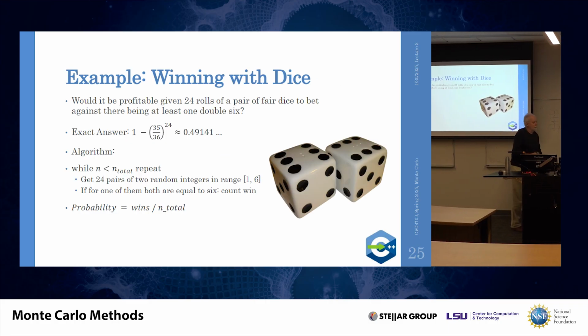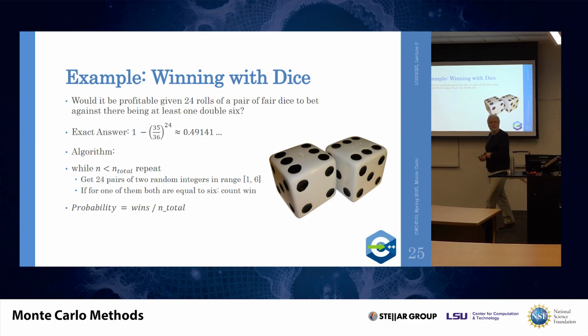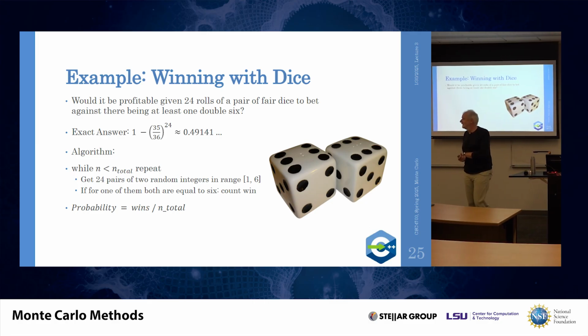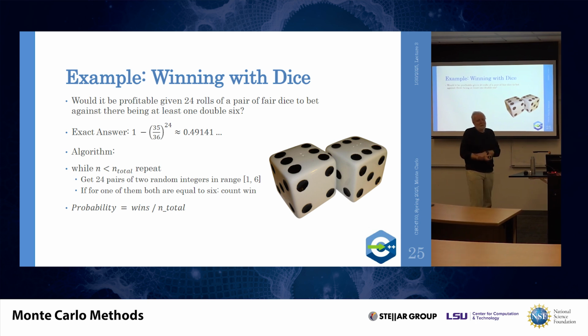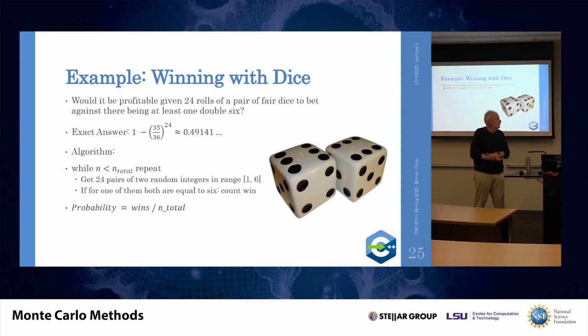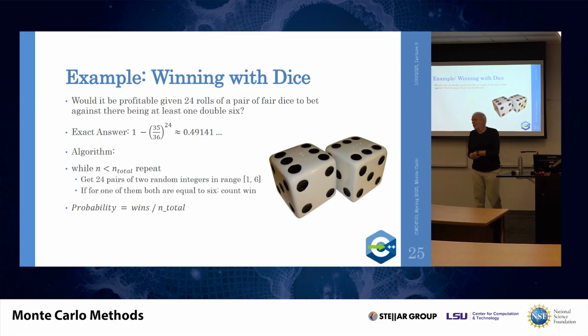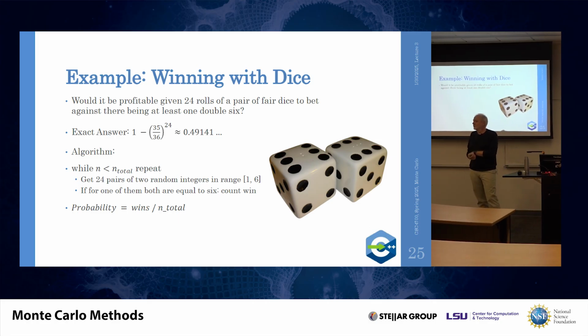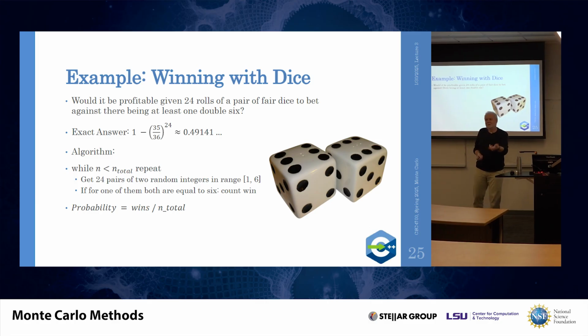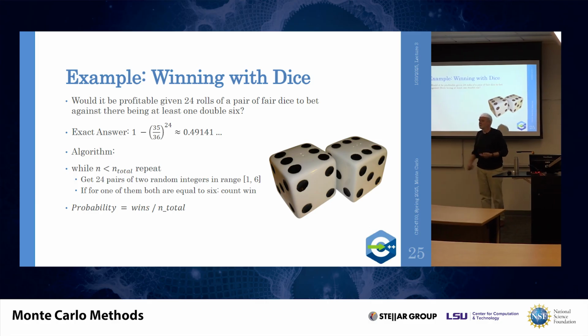Okay, second example. Anybody gambling? No? So the question is, would it be profitable given 24 rolls of 2 dice to bet against there being 2 6s? In other words, will there be 2 6s when I throw 2 dice 24 times? Would anybody bet against that?